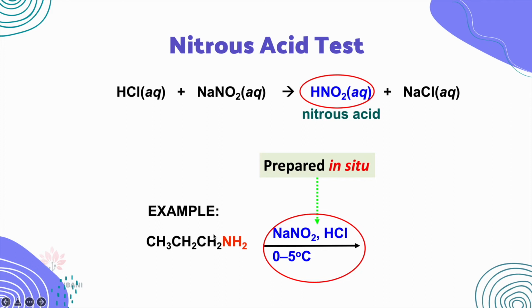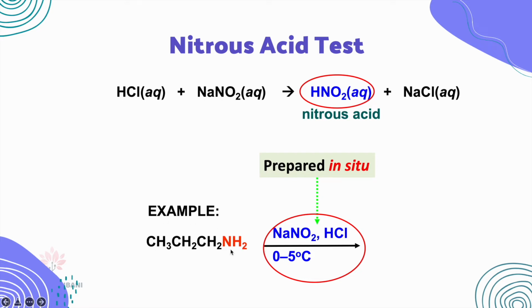We want to add the reactant CH3CH2CH2NH2. We have amine here. We want to react the amine with HNO2, but we don't prepare HNO2 in advance. We prepare HNO2 during the reaction with amine.